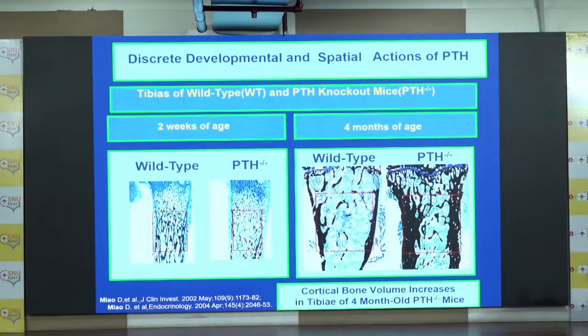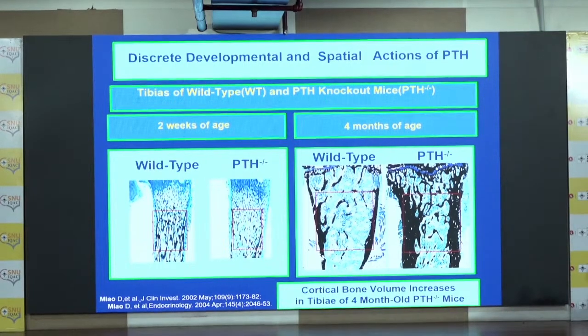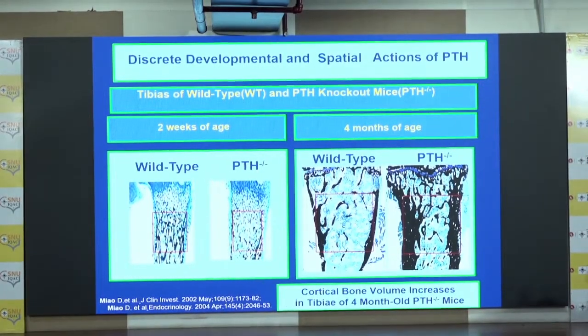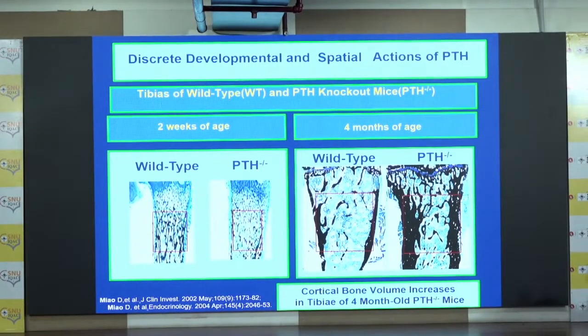At 4 months of age, you see the same thing in trabecular bone on the right-hand panel, but you also see an increase in cortical bone. So that cortical bone volume seems to increase in the PTH knockouts. You need parathyroid hormone to resorb the cortical bone. You need parathyroid hormone to make the trabecular bone.